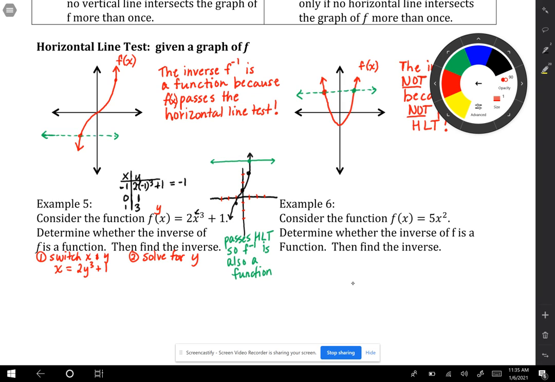So we want to subtract 1. Let me just write my y stuff on the left side. So subtract 1. 2y to the third equals x minus 1. Divide both sides by 2.